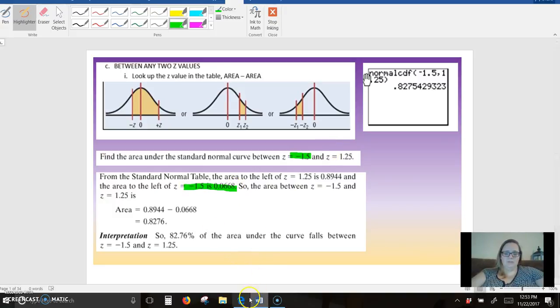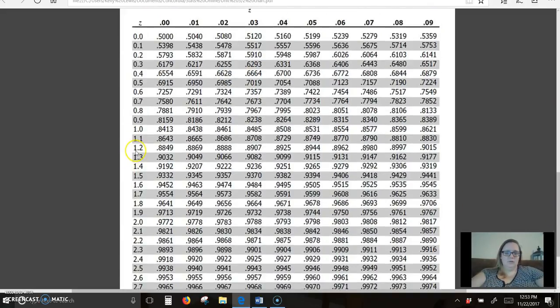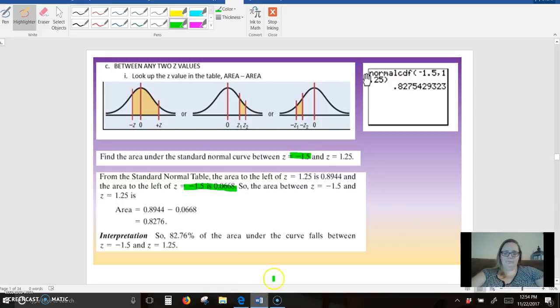And then 1.25, positive, gives 0.8944. So that was this. Because it's between two values, you subtract. And that means in between those two z-scores, 82.76% is the probability.